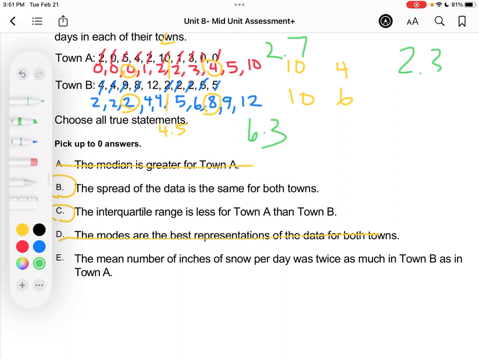Let's check to make sure I did that right because it looks pretty close. It's pretty daggone close.